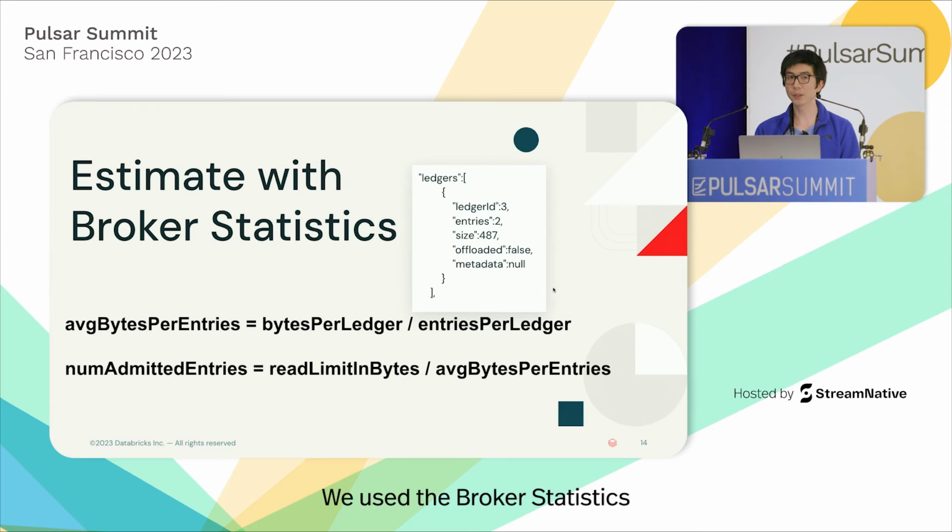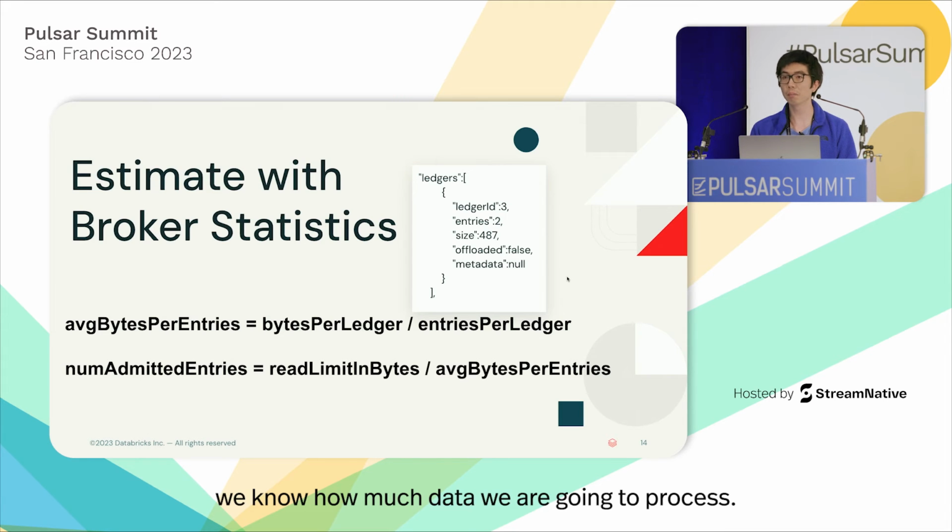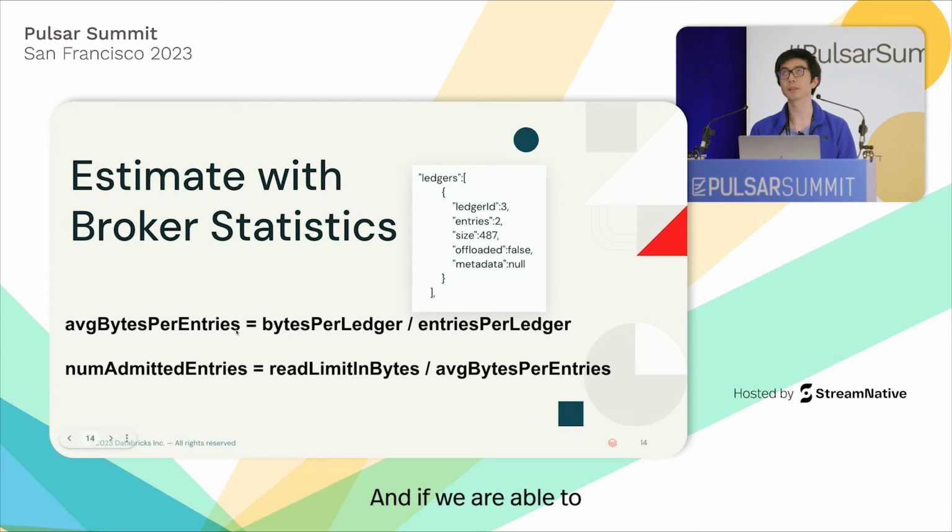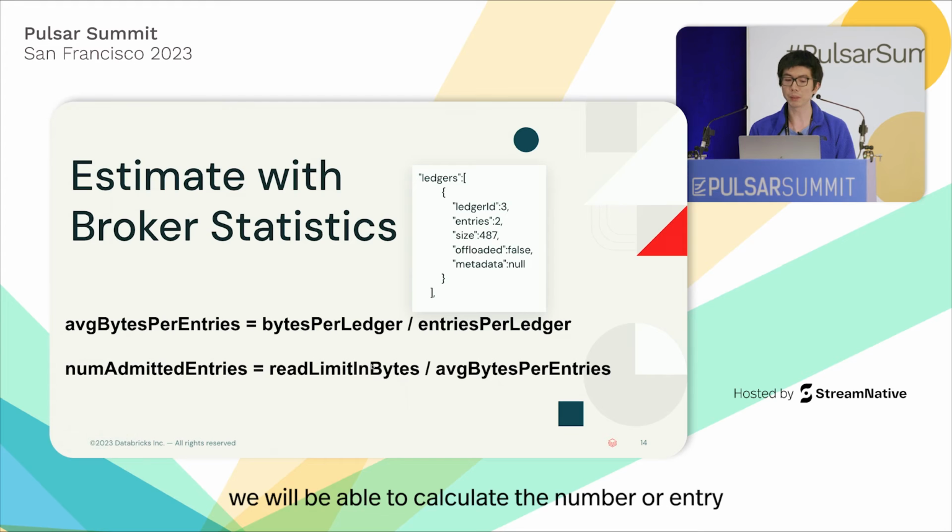We use the broker statistics to estimate the size of data in each entry. Because in each trigger, we know how much data we are going to process, if we are able to estimate the size of each entry, we will be able to calculate the number of entries that we are going to process.